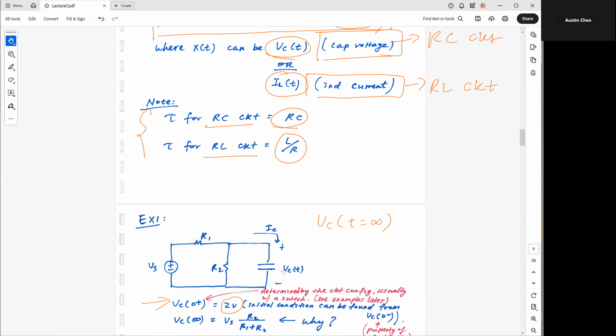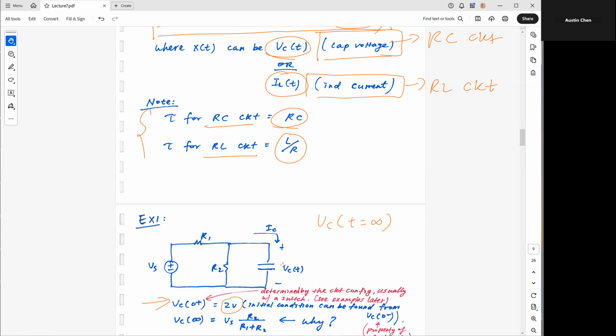Recall what we just talked about: if a capacitor has been sitting there for a long time, then it is fully charged, and there can be no more change in the capacitor voltage. So there is no current going through this capacitor, and therefore it behaves like an open.